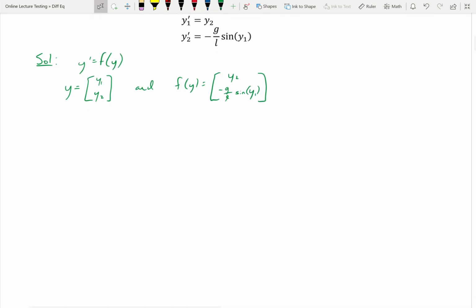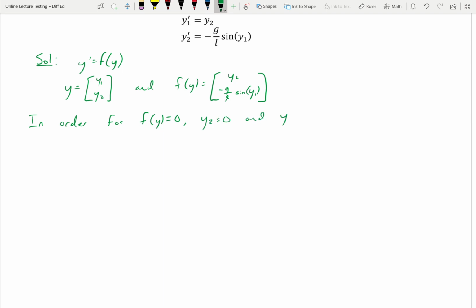All right, in order for f of y to equal 0, if we want to get the zero vector out of this, we need y2 to be 0, so y2 has to be 0.